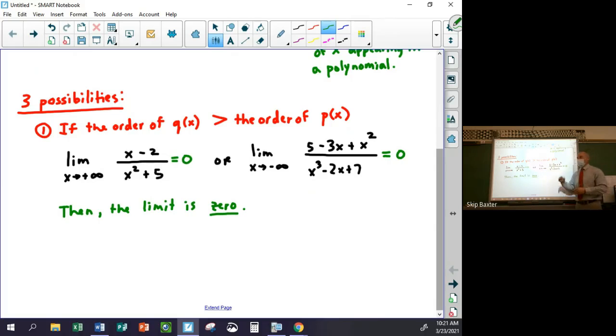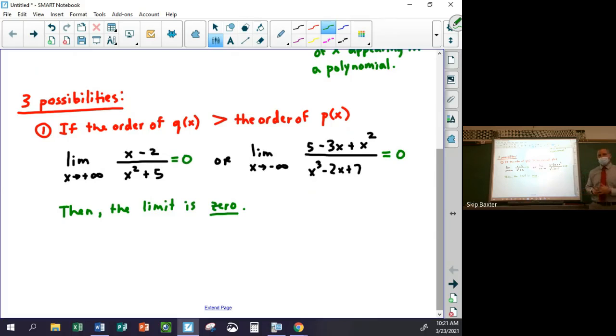If you substitute in a billion, a billion squared is way, way, way bigger than a billion, okay? So you have a fraction in which the bottom is growing faster, and so that fraction is going towards 0. Just think about any fraction where the bottom is getting bigger and bigger and bigger, and the top is either not getting bigger or is getting bigger at a slower rate. Overall, that series of numbers is going to head towards 0 eventually.